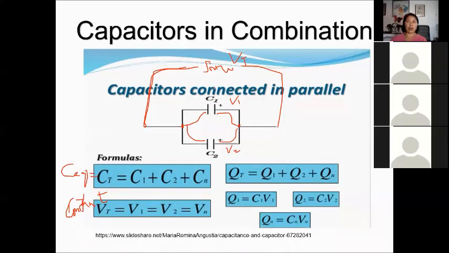Or kahit how many capacitors pa, no? I-add lang ninyo basta connected ito in parallel. And to solve for Q total, simply add Q1, Q2, and Qn. Huwag niyo kalimutan yung formula to find Q.